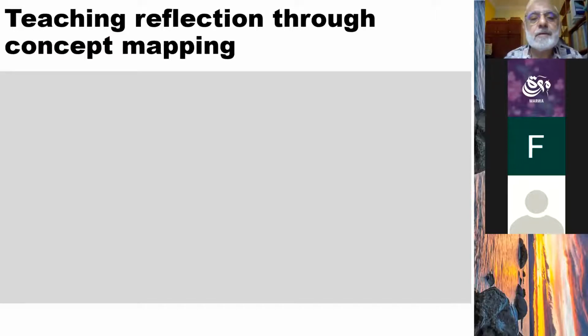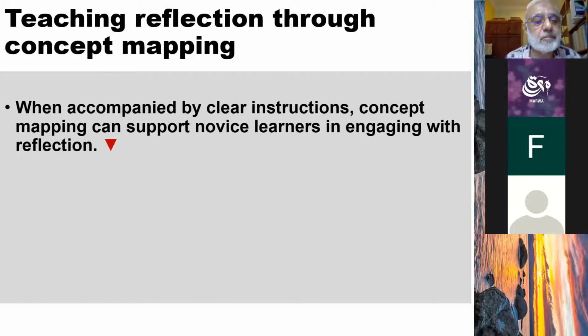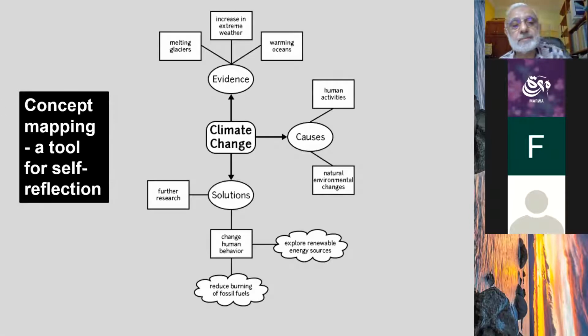Another method of teaching reflection is using the concept map. Here is an example. Concept mapping, a tool for self-reflection, climate change. What is the evidence? The warming oceans or melting glaciers. What are the possible causes and what are the possible solutions? So this is a concept map which can help to learn reflection.